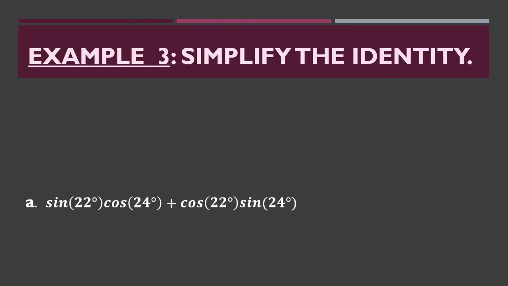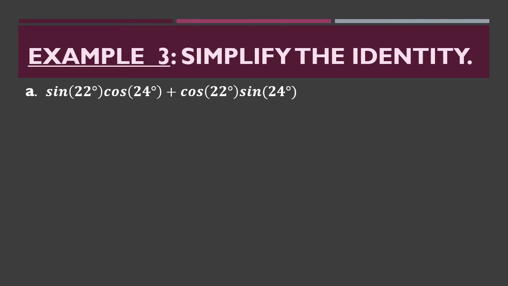So simplify the identity. So these problems are going backwards. So if I go too fast, hit pause to write the problem, and then we will break it down. We have the sine of 22 degrees times the cosine of 24 degrees plus the cosine of 22 degrees times the sine of 24 degrees.